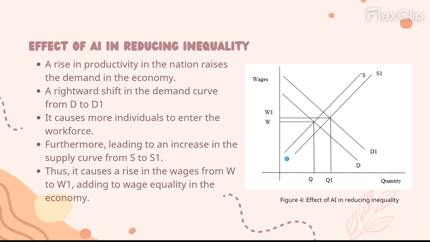Because more individuals enter the workforce, it leads to a rise in the wage from W to W1, adding wage equality in the economy. So AI helps to decline the nation's inequality.